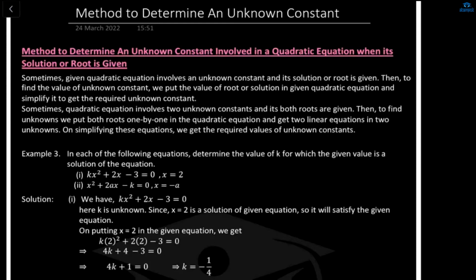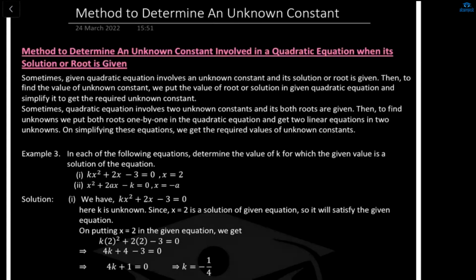Instead, another variable like A, B, or C may be written, and you have to find that constant. Since you already know the value is a solution, p(a) is equal to 0, and you will form an equation and solve it.